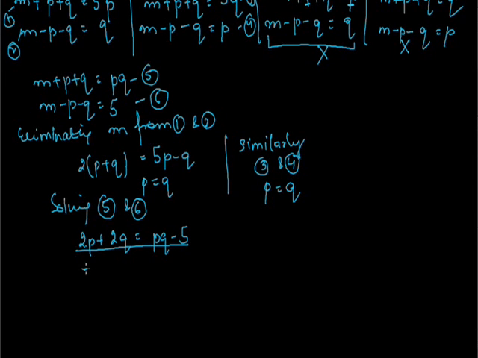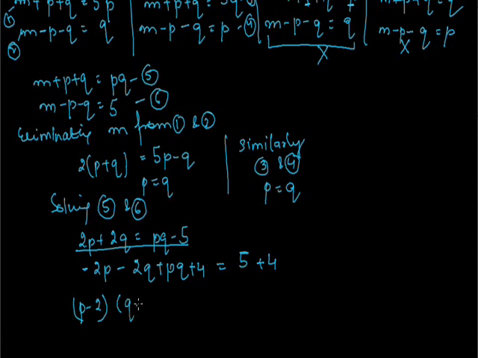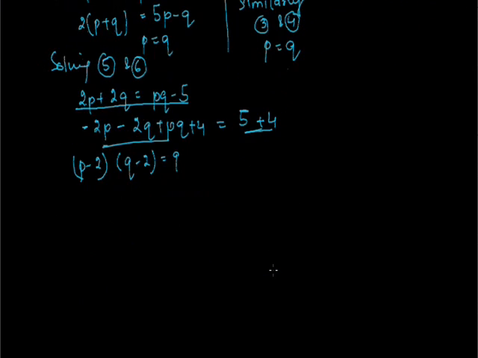I can write it as minus 2P minus 2Q plus PQ equals to 5. Now, if I add 4 on both the sides, I'll be getting (P minus 2)(Q minus 2) equals to 9. So RHS will become 9, LHS is P minus 2 and Q minus 2.